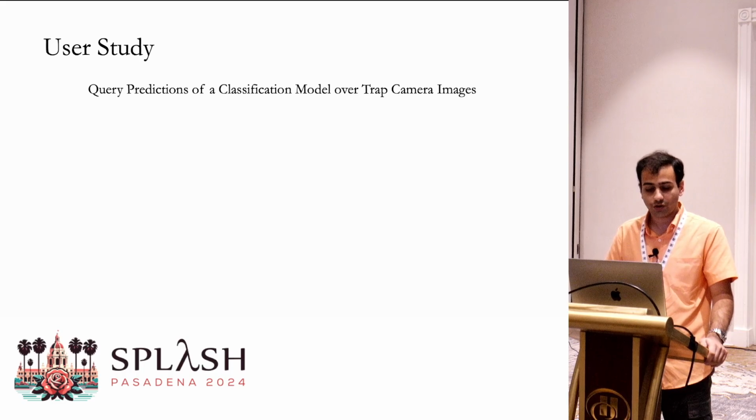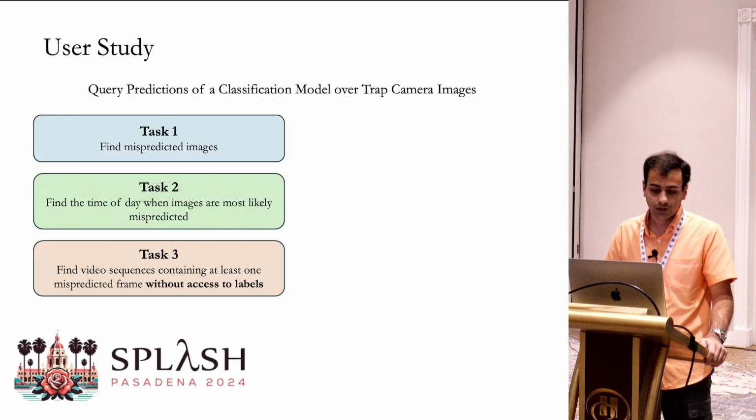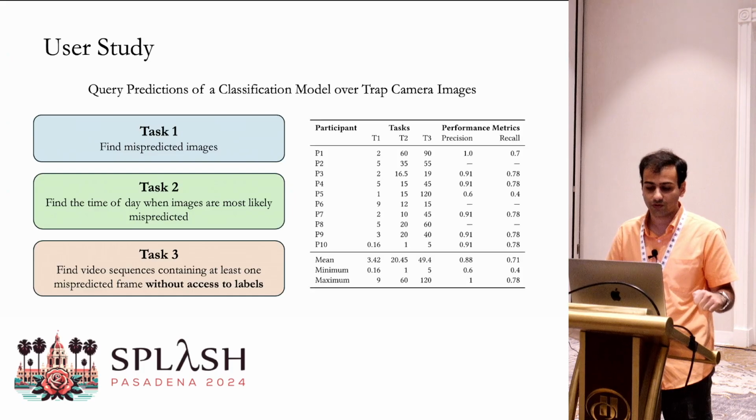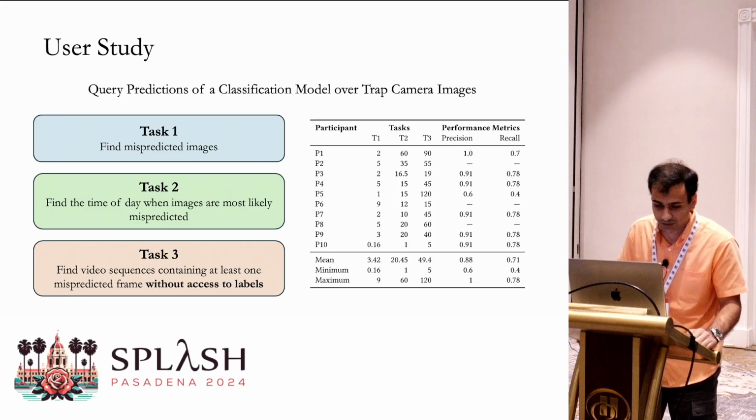We also conduct a user study where we give the users 3 tasks. Task 1 is like the simplest task and was basically achieved by the users in around an average of 4 minutes. And task 3 was the most complex one, which was difficult even for me, even though I wrote the system.